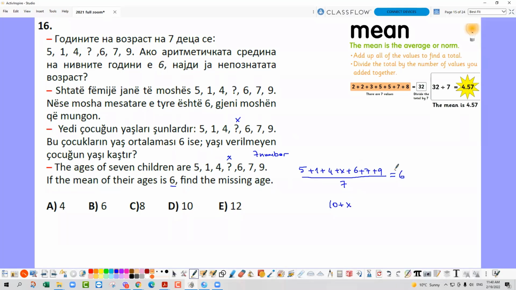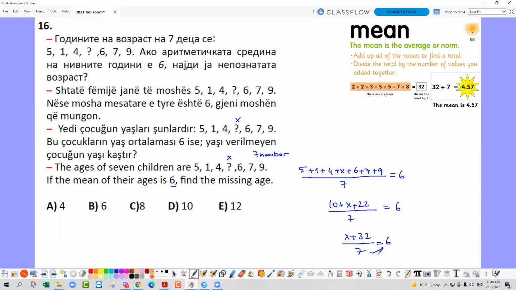Plus X, and 6 plus 7 is 13, plus 9 is equal to 22. Divided by 7, it's equal to 6. So 10 plus 22, X plus 32 over 7 is equal to 6.